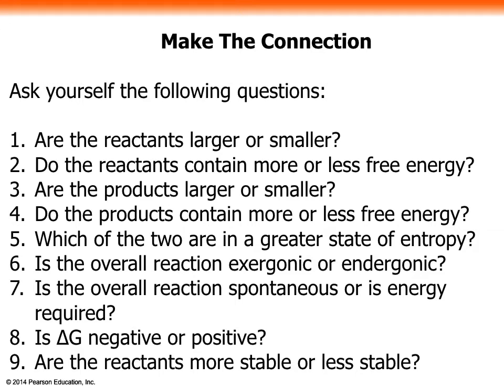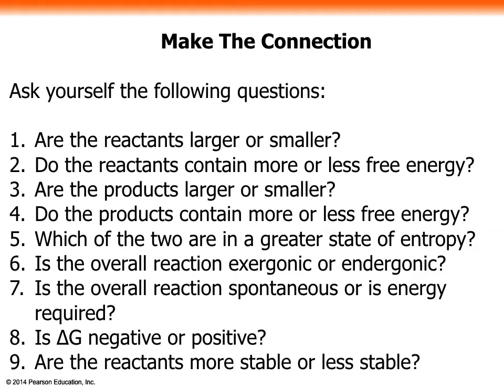Question number 2, do the reactants contain more free energy or less free energy? What do you think? Answer, more free energy. The reactants have more free energy. Are the products larger or smaller? The products are smaller. Do the products contain more free energy or less free energy?